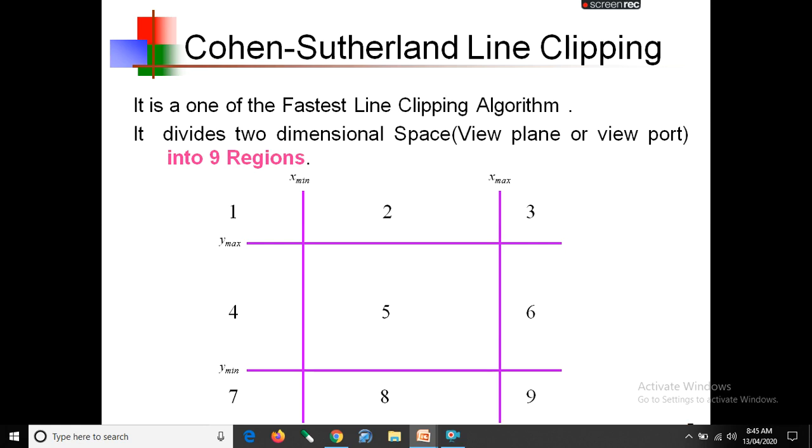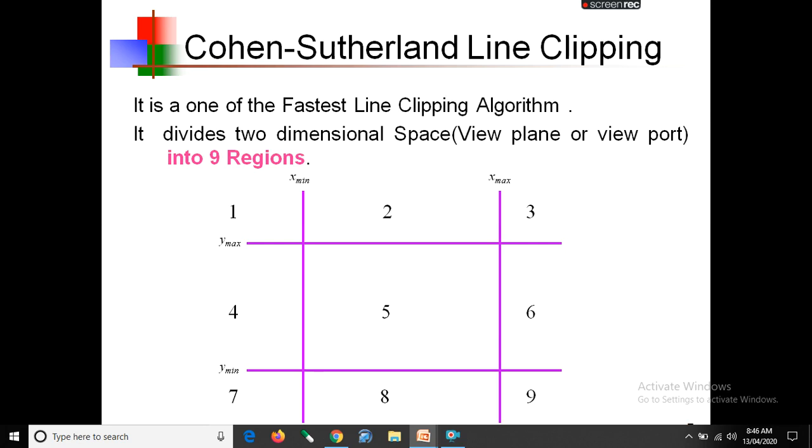As I said in the previous slide, we have various types of line clipping algorithms. Among those, the Cohen-Sutherland line clipping algorithm is one of the fastest line clipping algorithms.